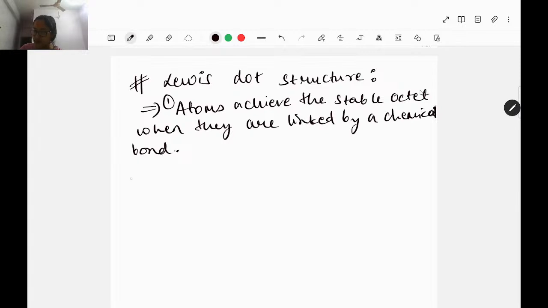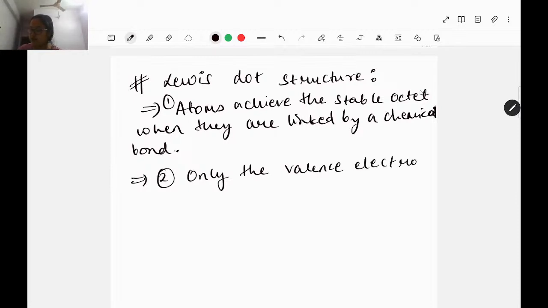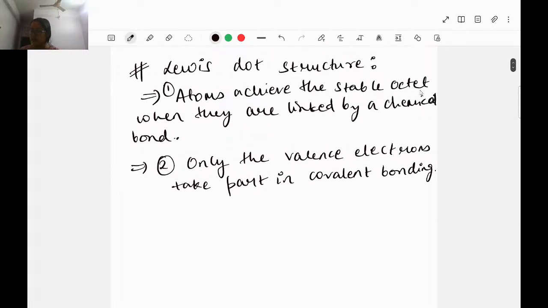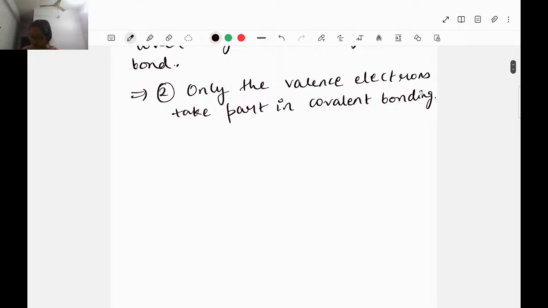And the second point is that only the valence electrons take part in covalent bonding. So what is a covalent bond? A covalent bond is a bond where two atoms share a pair of electrons. Okay, so let us see how we can draw a Lewis dot structure.